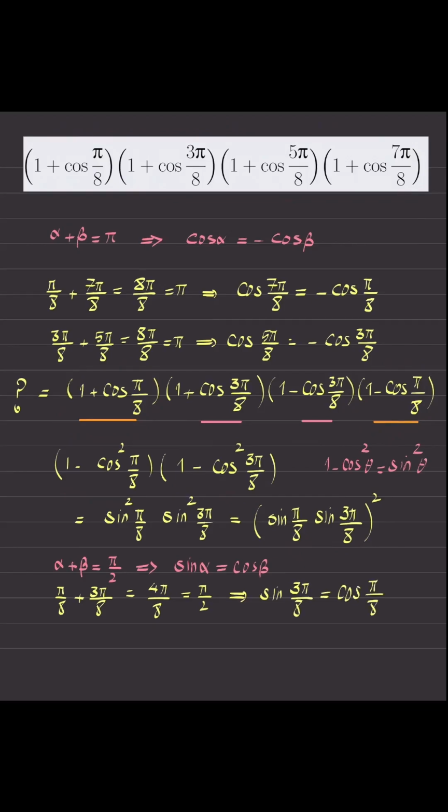So now my question mark simply becomes sine pi over 8 times cosine pi over 8 to power 2. So what I did, I copied and pasted that one, and instead of sine 3 pi over 8 I put cosine pi over 8, and then I have a power of 2.